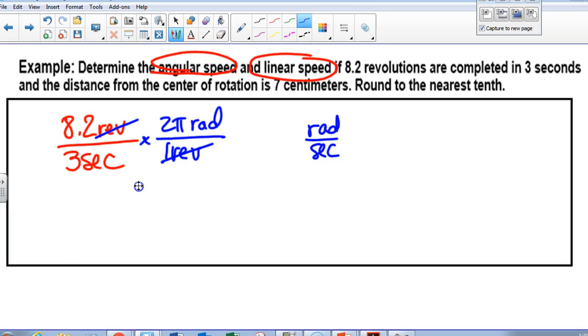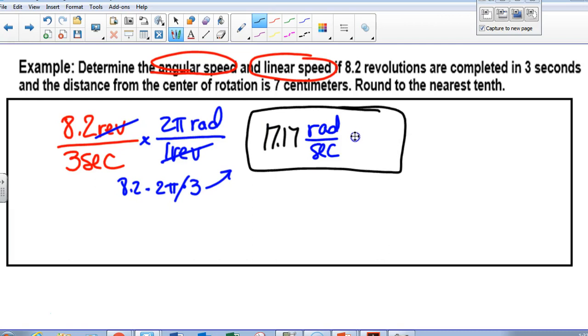Everybody knows where the pi key is? Divided by 3. I wrote times. 17.17. Somebody getting that? That's your angular velocity, the angular speed right here, okay?